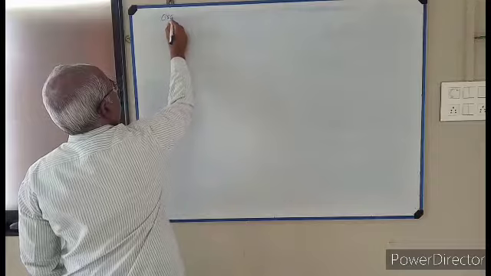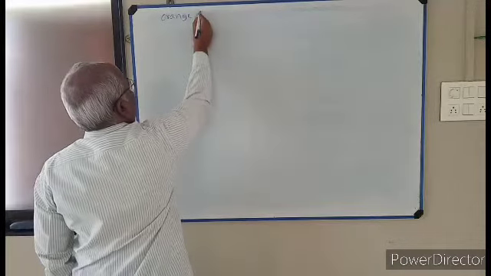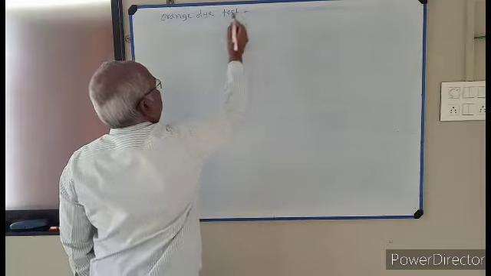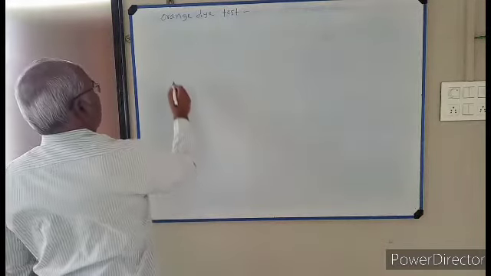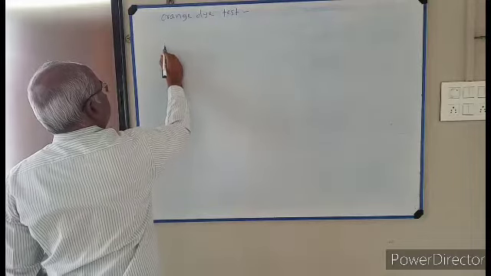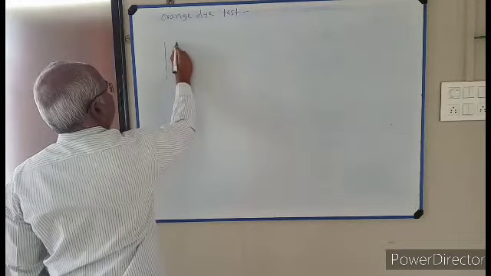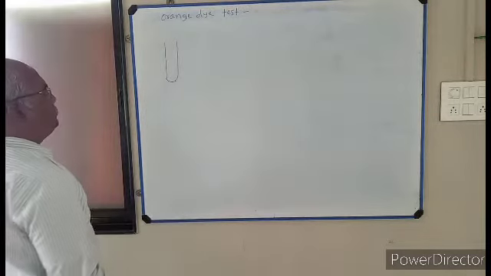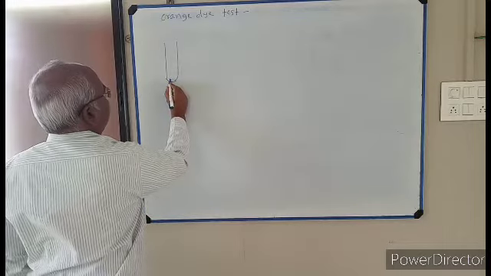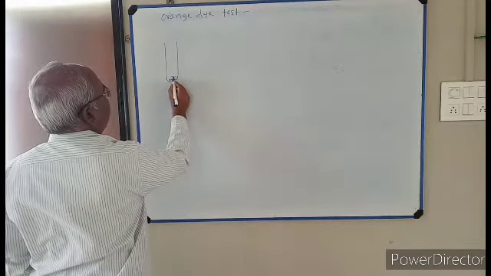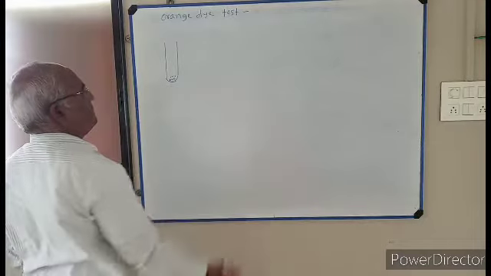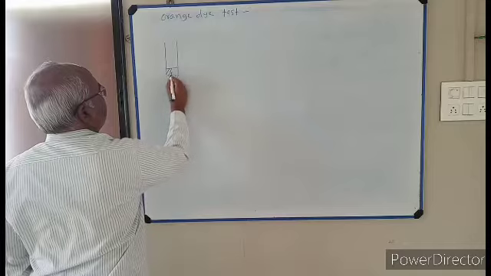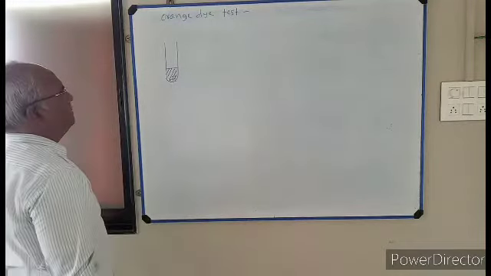The orange dye test. Suppose this is one test tube, and in this test tube small amount of primary amine is taken. Primary amine. You know that primary amine is soluble in HCl.